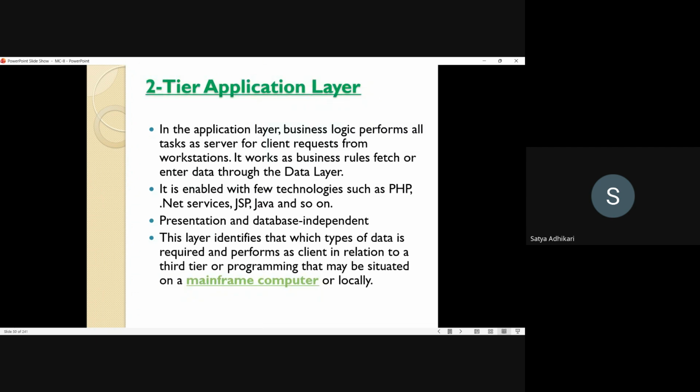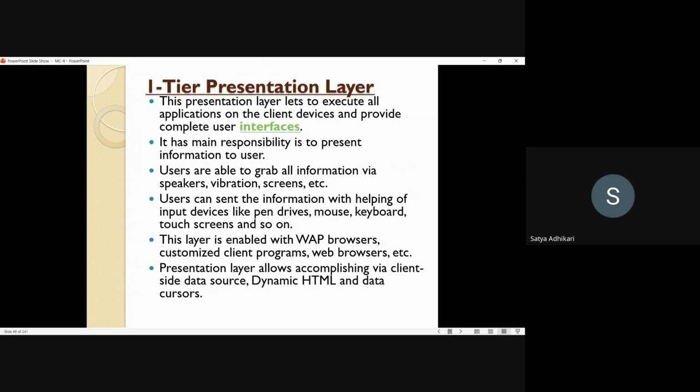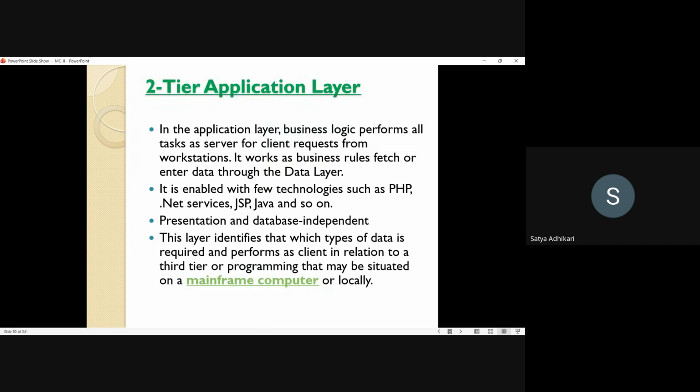Second, the middle layer. So after the first tier, the presentation, the second layer is the application layer.